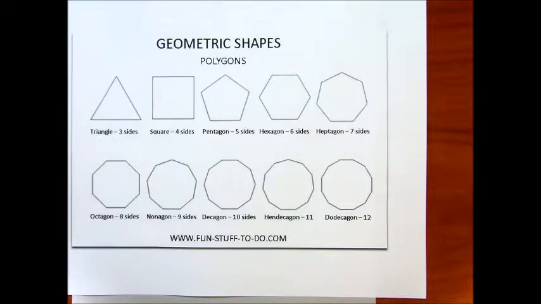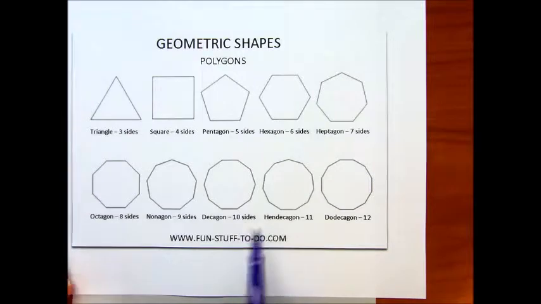So in this handout, which I found on the internet, it's an illustration of several kinds of polygons, and notice that they're all made from line segments. There's no curved lines that make up any of these.